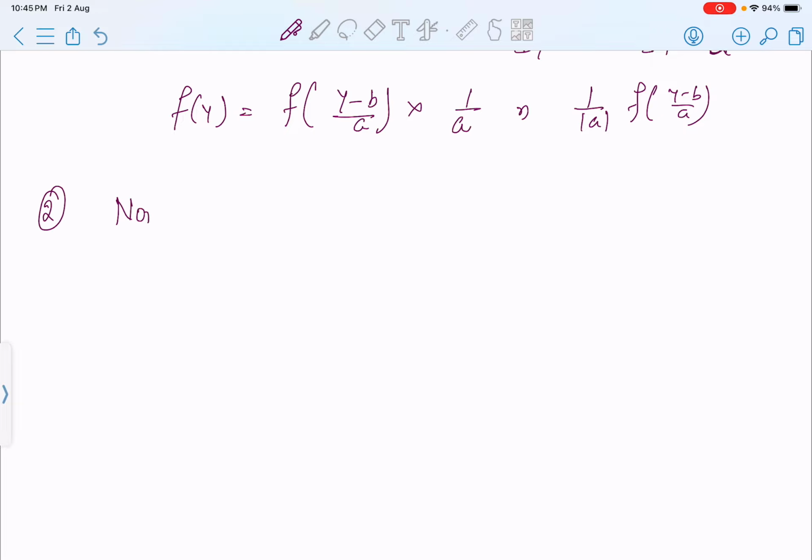Suppose it is non-monotonic. What does it mean by non-monotonic? It means that a particular value of y is coming at many places. Non-monotonic is increasing, decreasing like this, suppose.